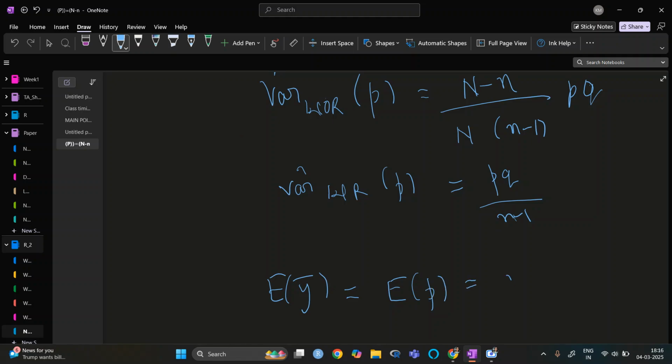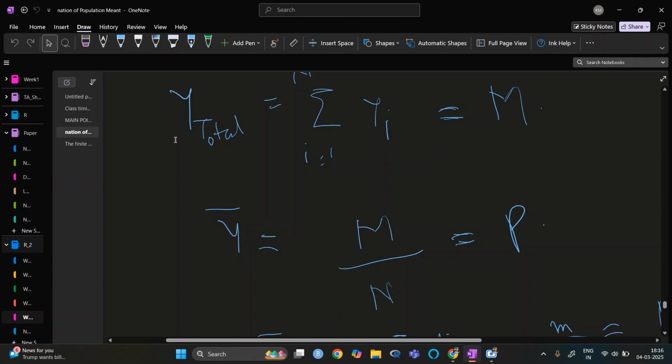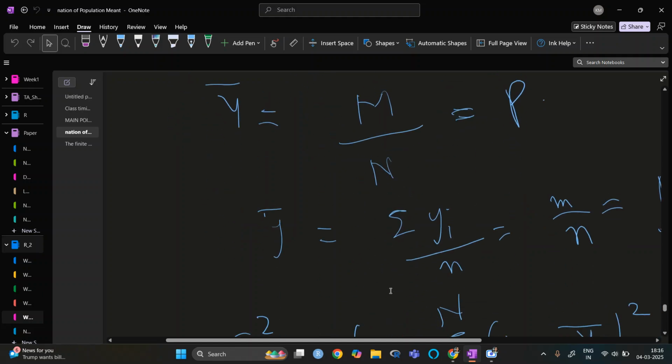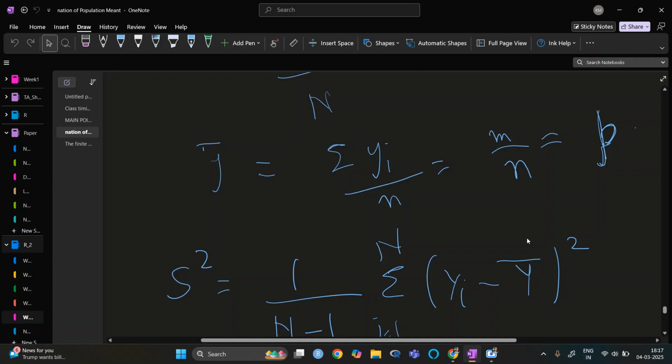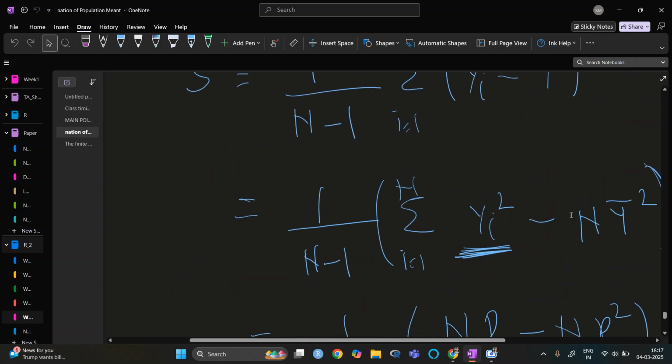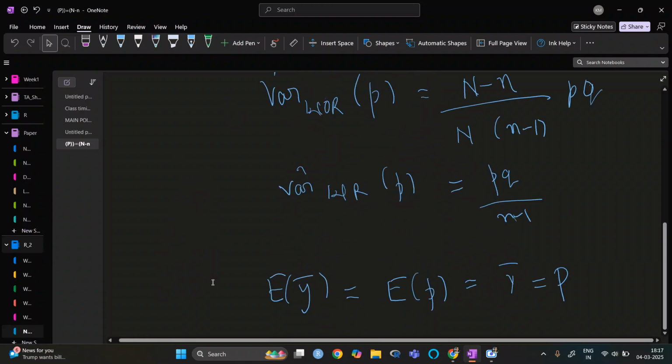So the estimation of p is y bar, which is P, that we have seen already here. The estimation of this small y bar is m upon n. So if we do the summation that many number of times, it will be capital P.